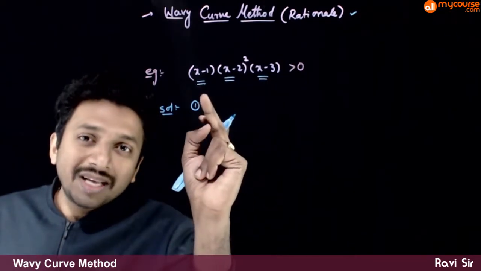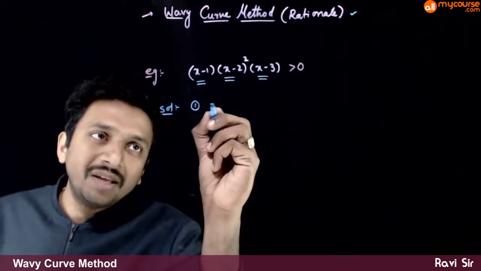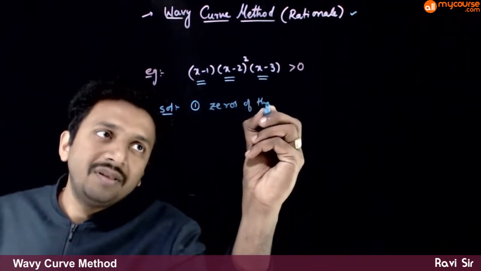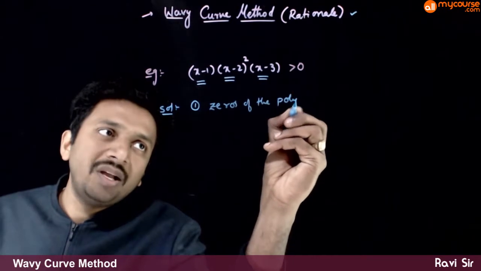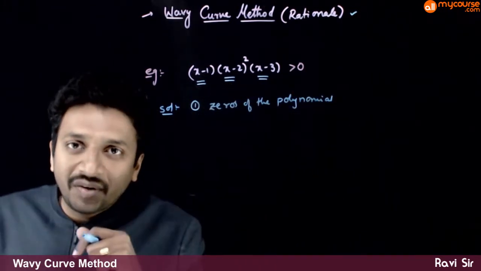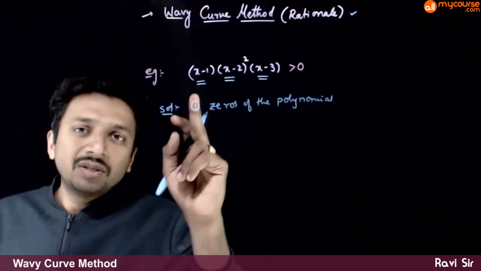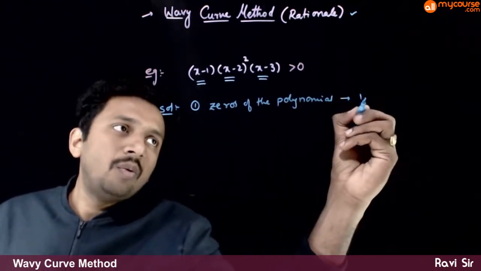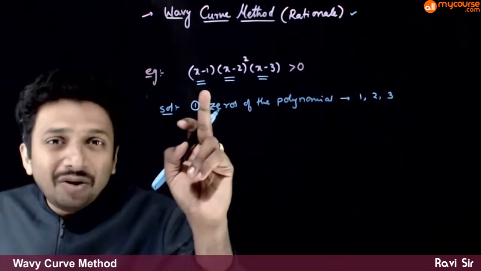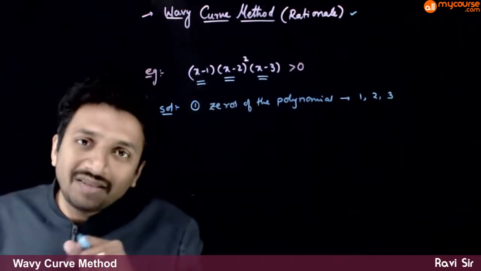Whatever I'm calling critical points are nothing but zeros of the polynomial. This is a 4-degree polynomial effectively, which has already been factorized. So what are the zeros of this polynomial? 1, 2, and 3. That means the value of this polynomial is 0 at these 3 points.